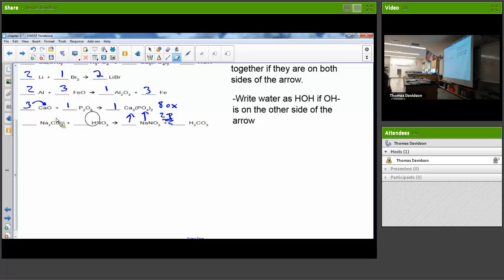But like I said, a lot of times the coefficient on your metal will fix everything. Because if you know you have to have 3 Cas, just start with that 3, and then you're done.